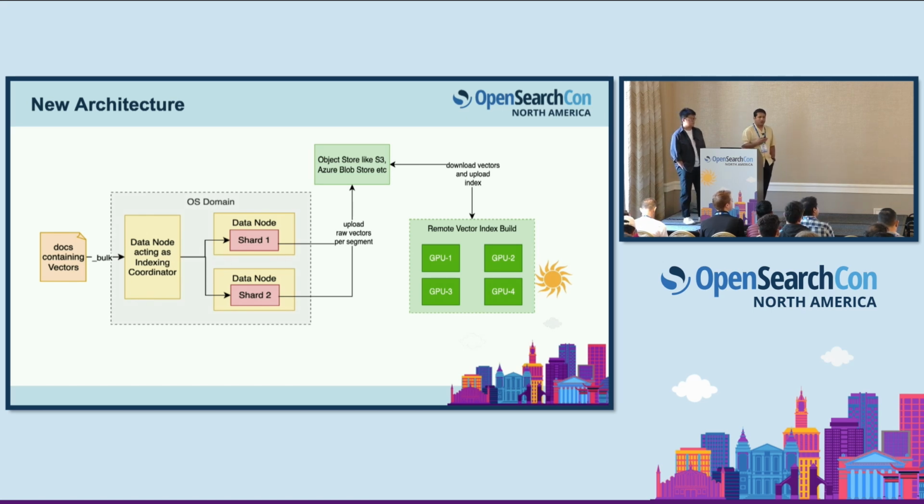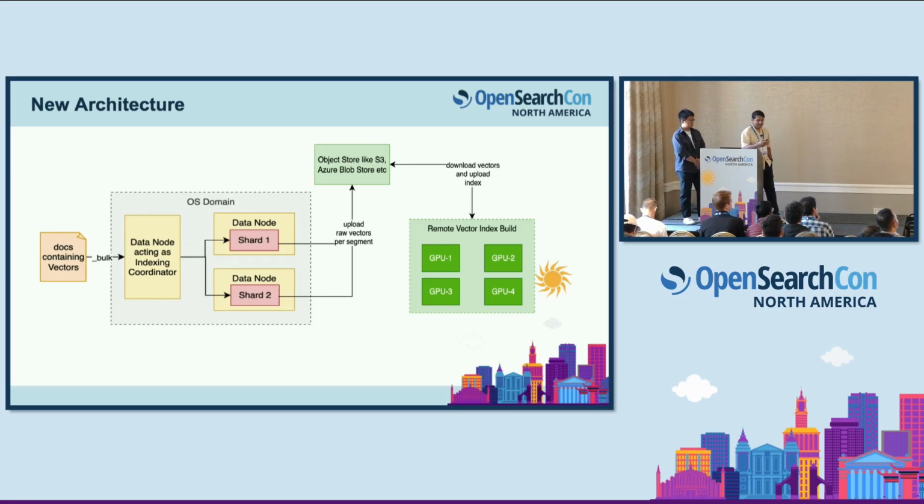So the way overall indexing works right now, if you enable this feature, is you're still ingesting your documents into the OpenSearch domain. It goes to the data node, it goes to the shards. During the segment creation, we are identifying whether the GPU-based index acceleration is beneficial or not.